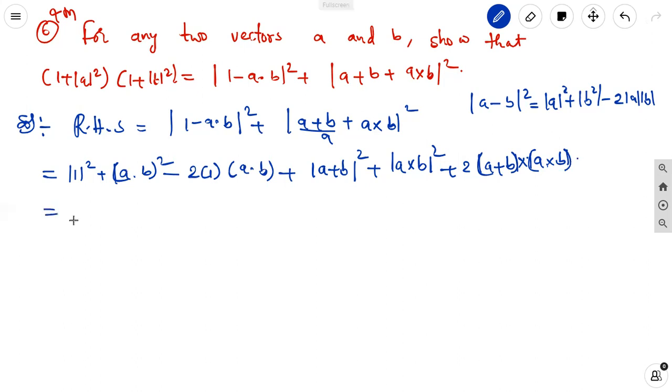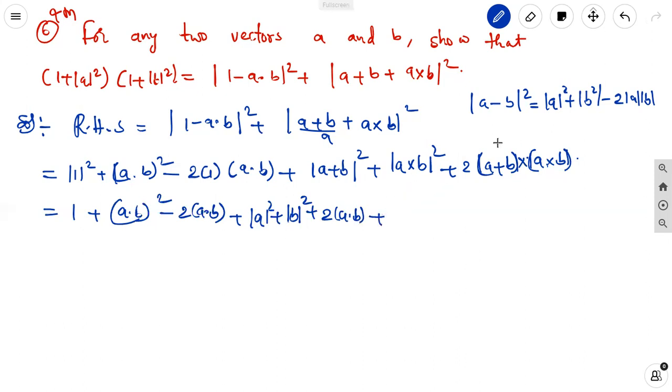Here mod 1 square means 1 plus (a dot b) whole square, minus 2 into 1 into a dot b, plus again, it can be written in expanded form: mod a square plus mod b square plus 2 into a dot b, plus modulus of a cross b whole square, which means a dot a into b dot b minus (a dot b) whole square.